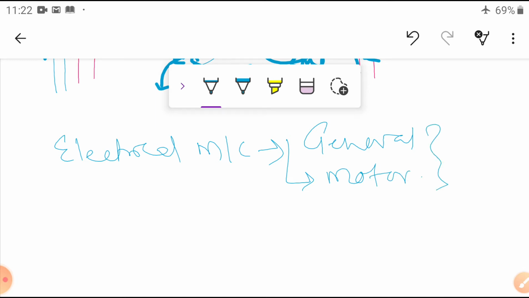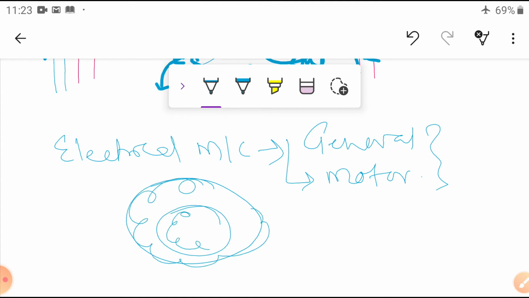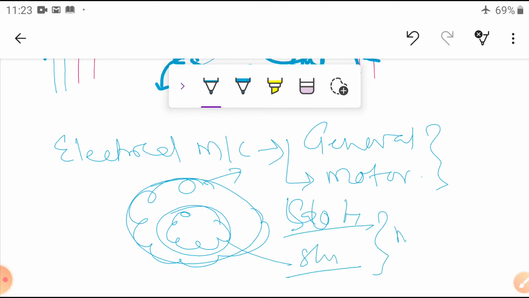Here we require a stator and a rotor. The stator has a stator winding, and the rotor has a rotor winding. The winding is wound on laminations, on slots. The slots are made with magnetic material.